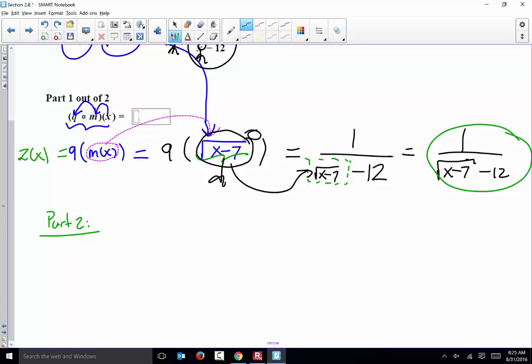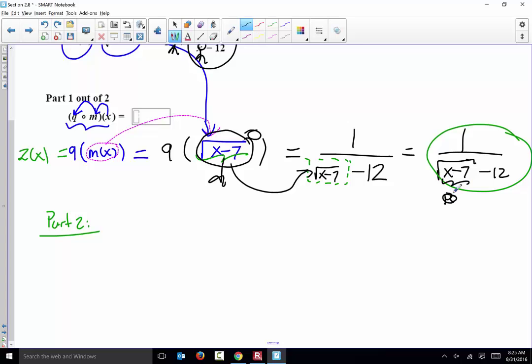Now, are there numbers you cannot compute? Anything less than 7. Anything less than 7 is bad. Like 6.999 minus 7 is negative, right? 6 is bad, 5 is bad because 5 minus 7 is negative. So we want to stay positive, right?